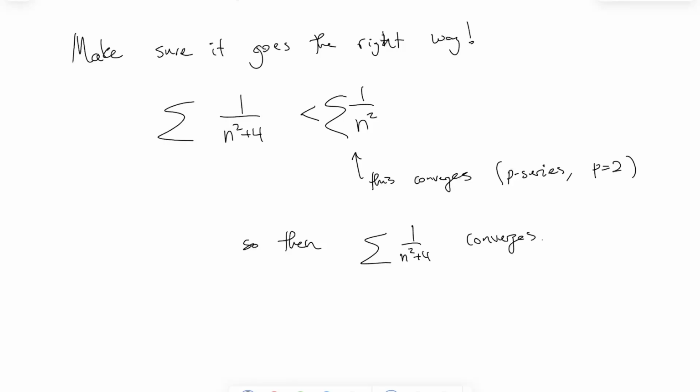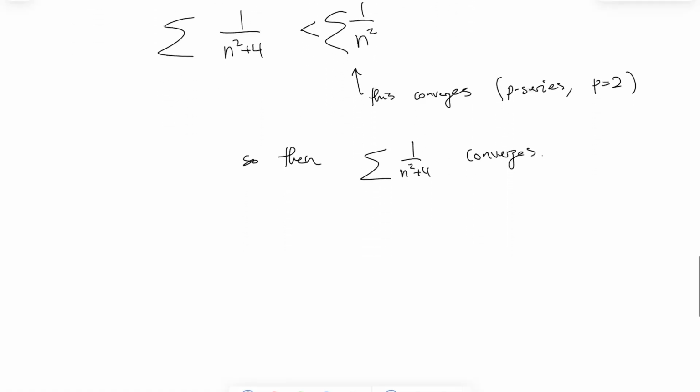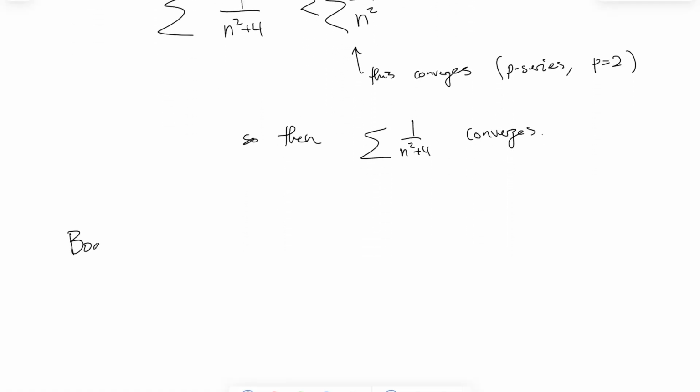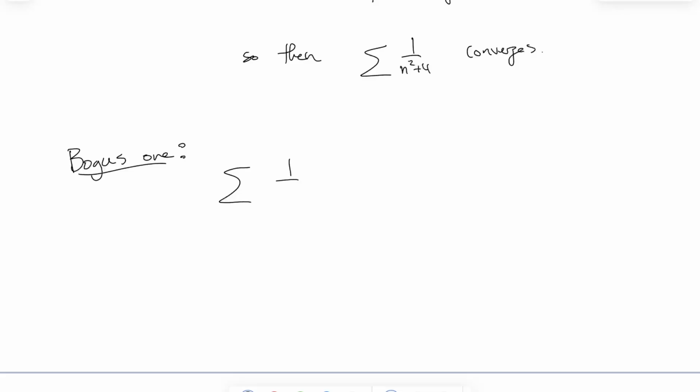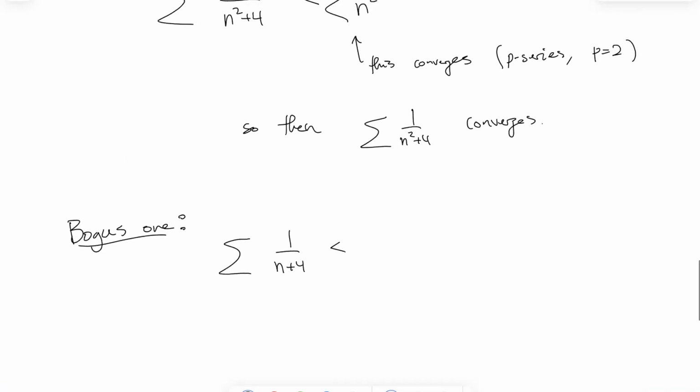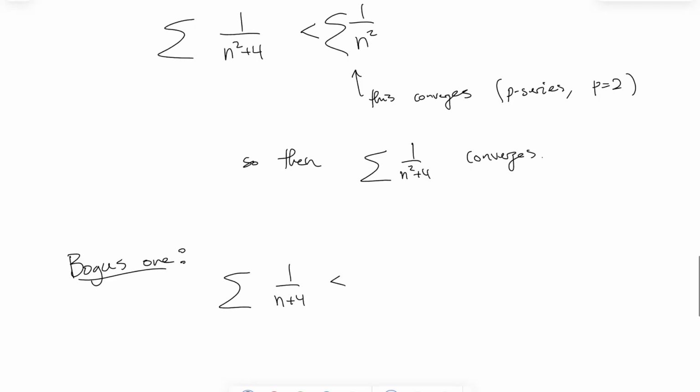I said make sure it goes the right way. Here's a bogus one, and you will see it's actually easy to get this confused and do it the wrong way around. For example, if I have 1 over n plus 4, the same thing but with an n instead of n squared.